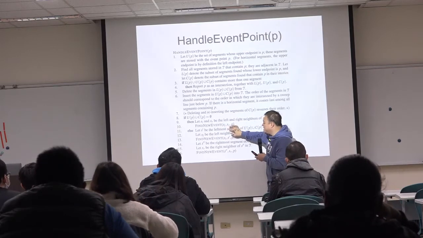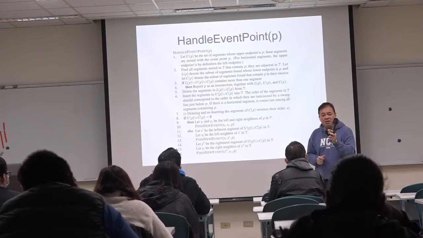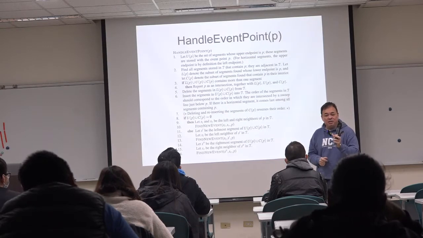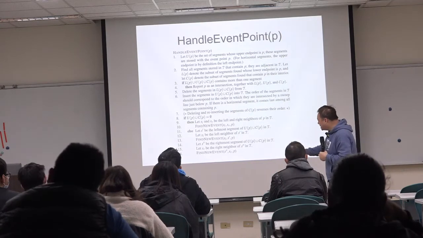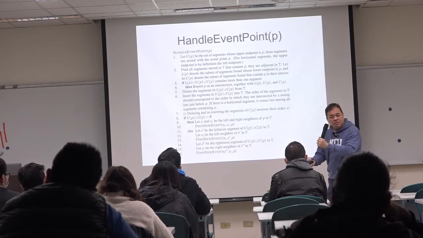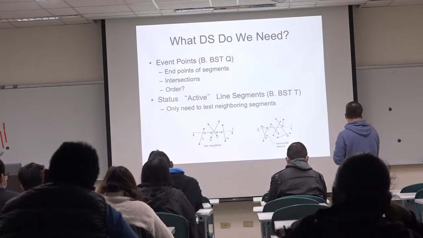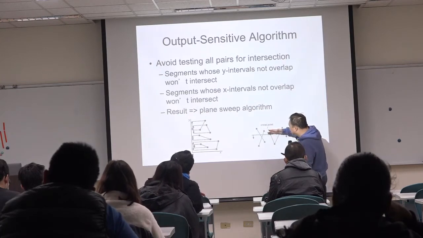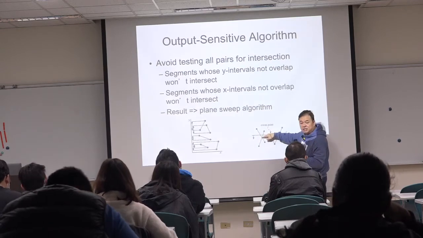So what is find new event? Remember I told you we need to consider the possibility of the neighboring segments creating the next intersection before the next event. For example, like this, before this event point there will be an intersection here, right?